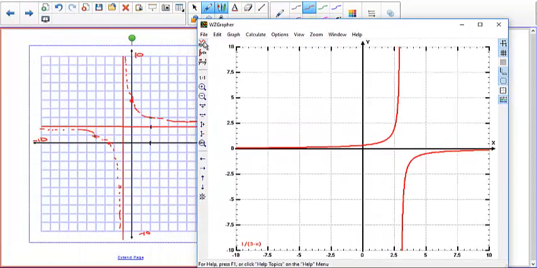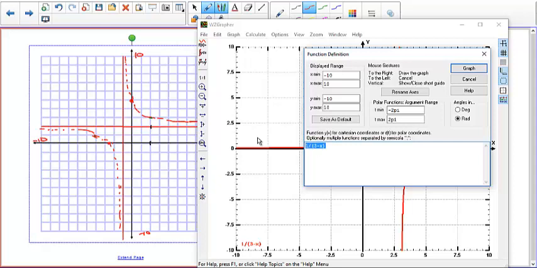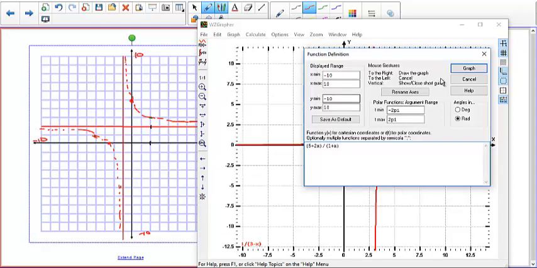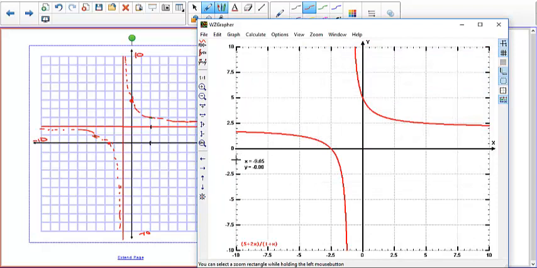So the function was 5 plus 2x divided by 1 plus x. Graph. And it's going from negative 10 to positive 10.